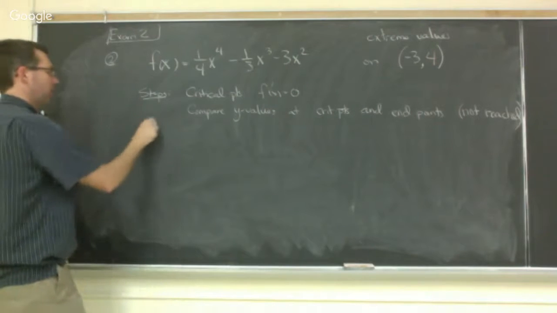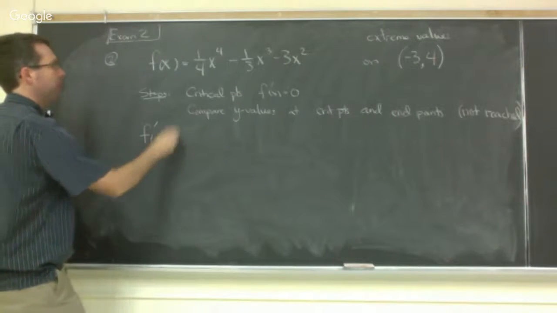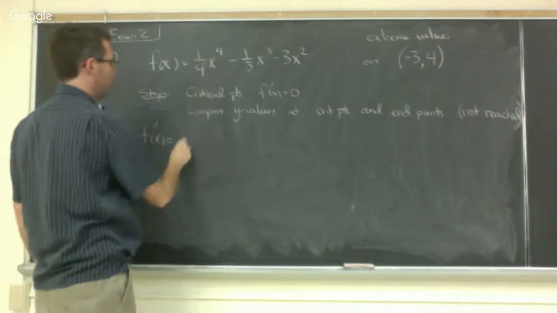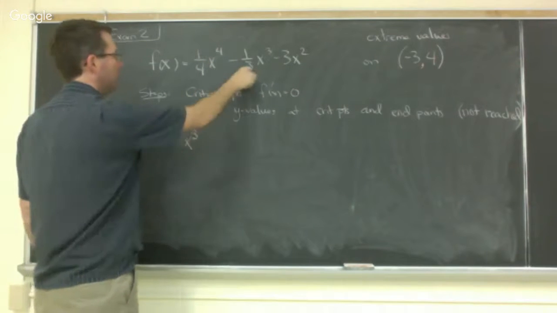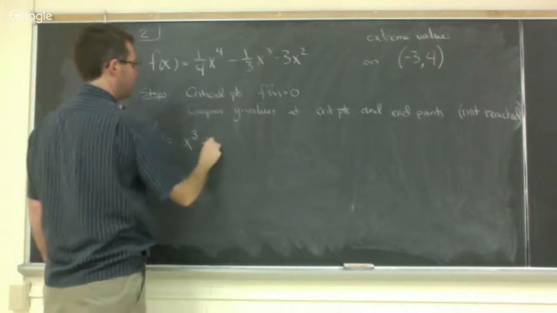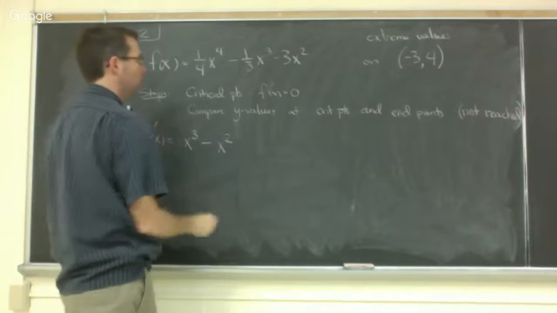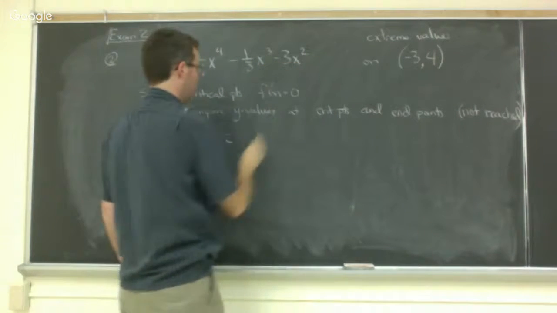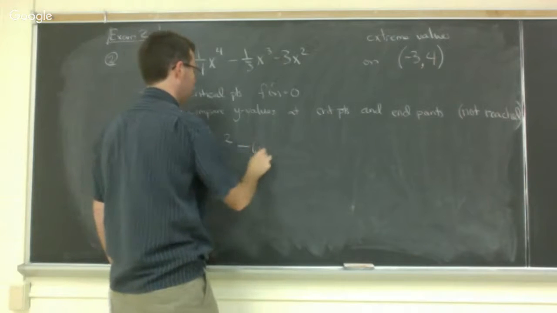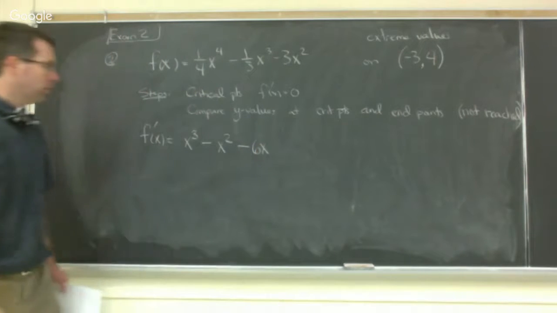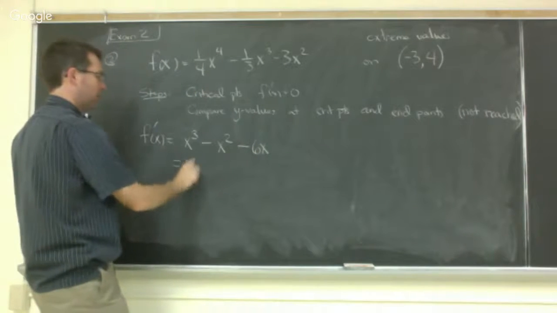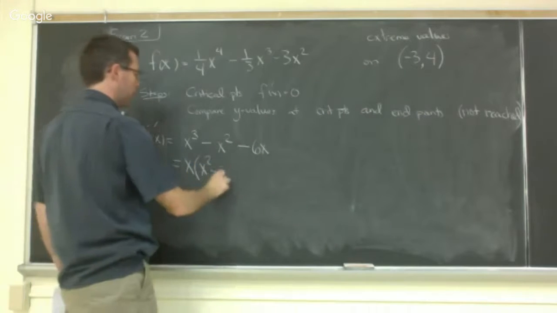Okay, so we start by taking the derivative. Let's see what we get. A fourth x to the fourth has the derivative of x cubed. A third x cubed has the derivative of minus x squared. Minus 3x squared has the derivative of minus 6x. So I factor an x out, x squared minus x minus 6.